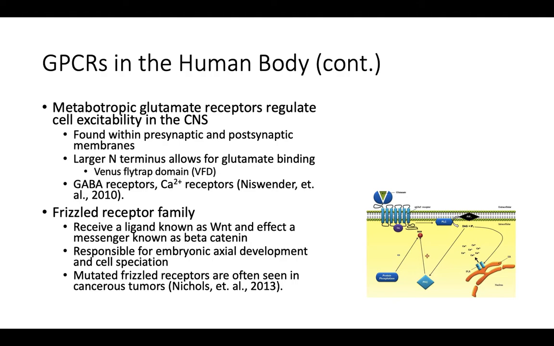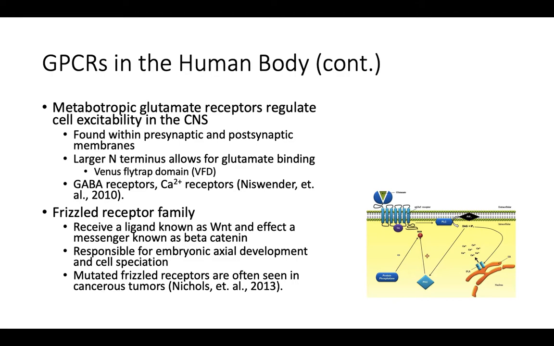You're going to find them in the presynaptic and postsynaptic membrane. They have a larger N-terminus, and this allows for glutamate binding. Glutamate is an excitatory neurotransmitter, and it's responsible for how we think and the transmission of information in our mind. So it's very important.